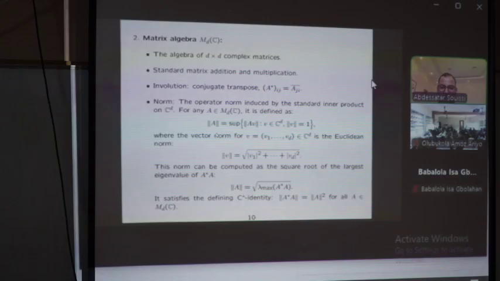And now the C-star norm turns out to be the operator norm associated with the Euclidean norm over C^d.